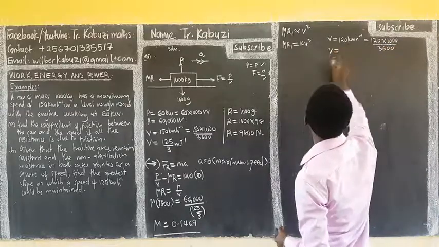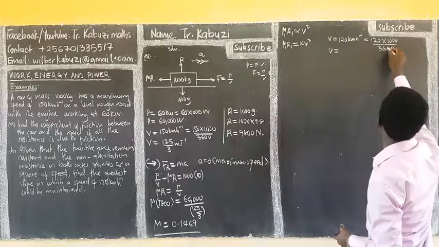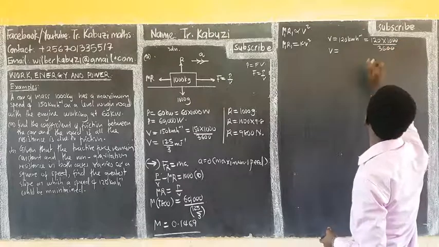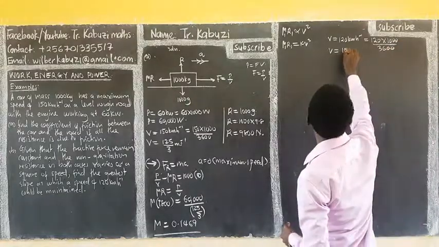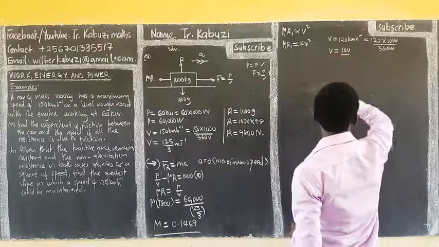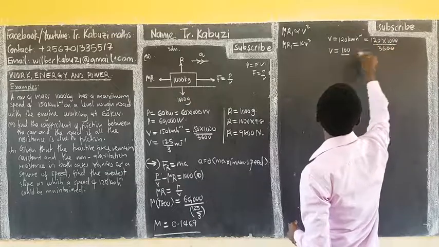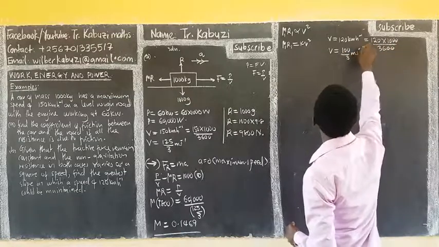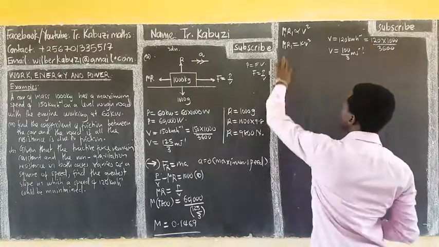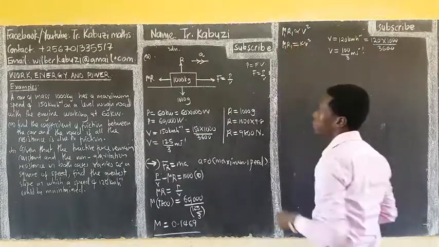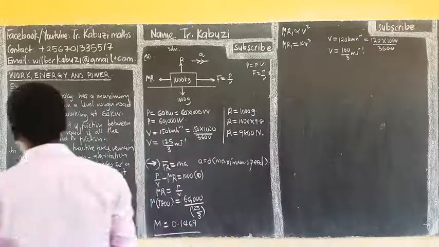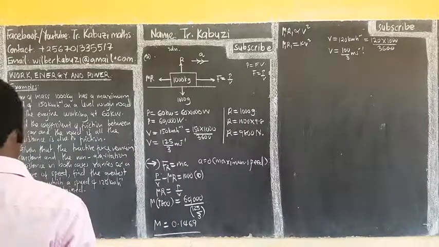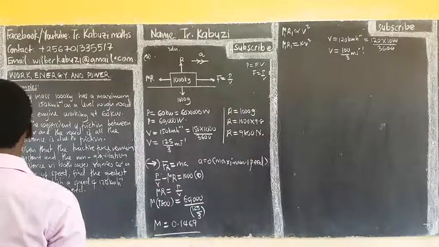So that V there is going to be, these two zeros go, we have 100 over 3 meters per second. So our twist is to look for this. Now, remember, they told us that the attractive force, this one.